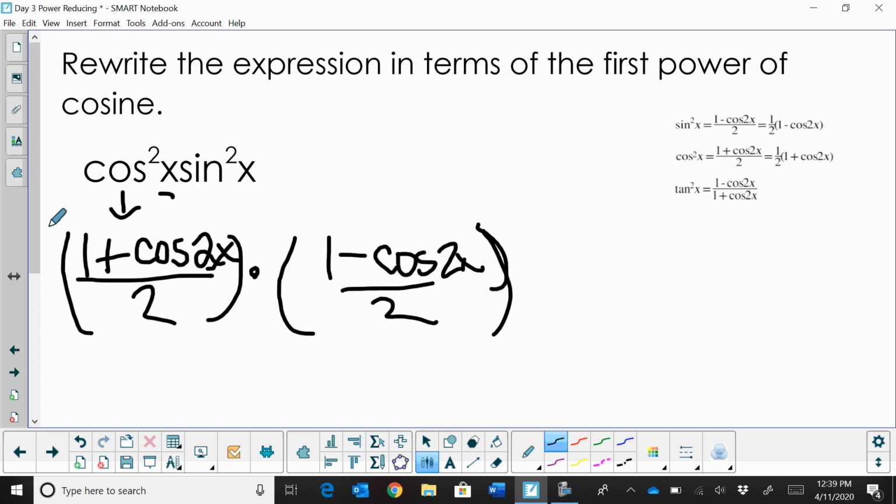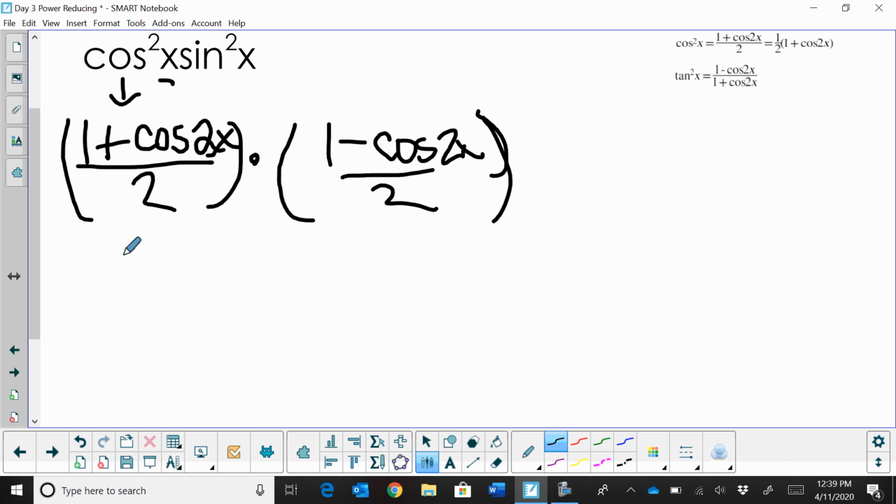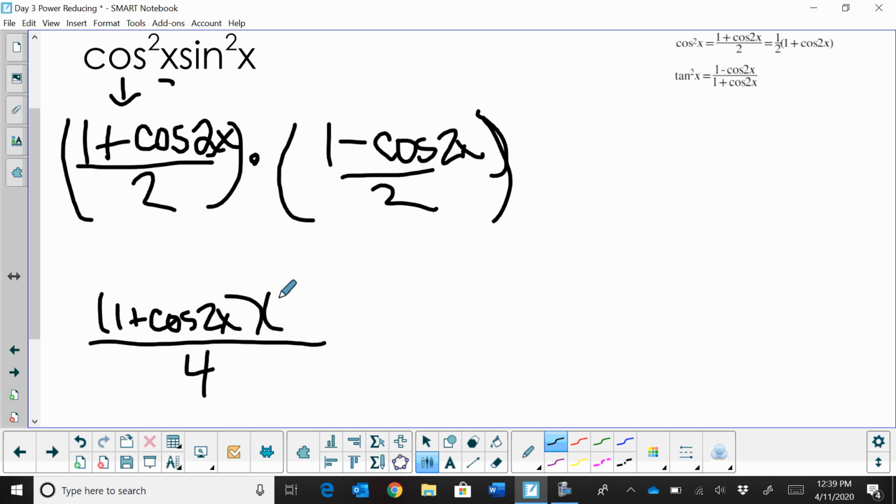It's just the substitution. Now we need to multiply these together. So I have a binomial times a binomial. So in the numerator, I'm going to FOIL that together. The denominator is easy. 2 times 2 is just 4. So let's multiply 1 plus cosine of 2x times 1 minus cosine of 2x.